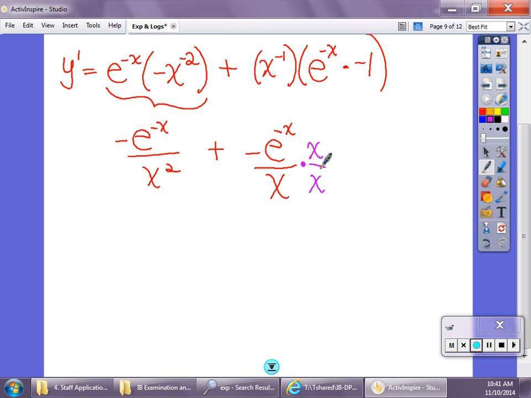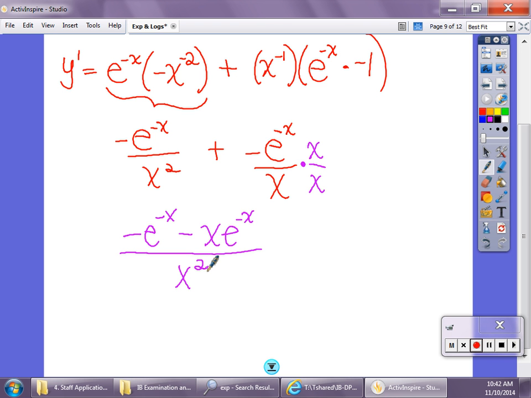Good. X over x. We're multiplying by the number 1, so it doesn't change the value of it. So then we get negative e to the negative x minus e to the negative x. But there's an x in there. Minus x e to the negative x all over x squared.